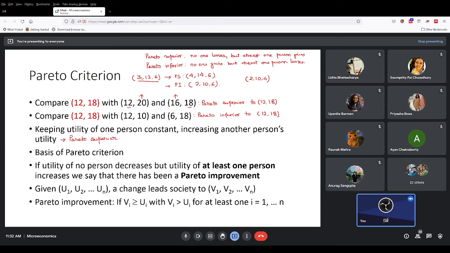It can be more i's also. Or maybe all the persons are gaining. That's also possible. But no one should lose, at least one person should gain. Okay, so if this condition holds, then we say that V is Pareto superior to U.